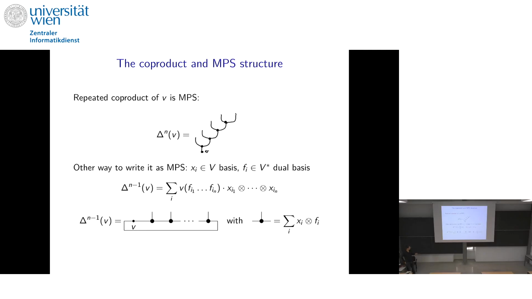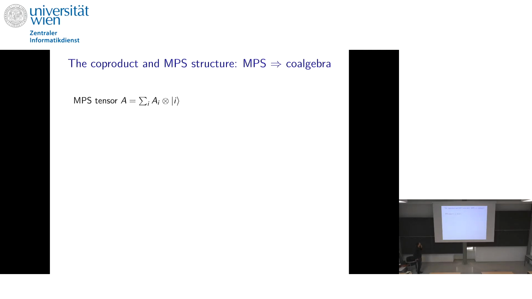So this upper two, lower two indices correspond to the linear functional f_i. And this v is just a matrix representation of the algebra element v in this representation space.